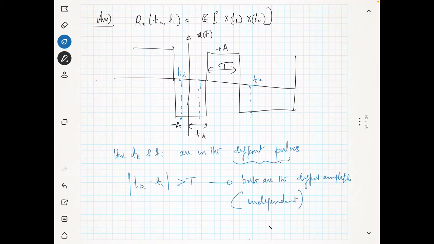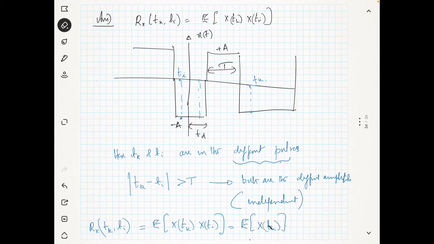So if they are independent, then you know that Rx of Tk and Ti will be the expected value of x of Tk into the expected value of x of Ti, because both are independent, so you can separate the density functions.